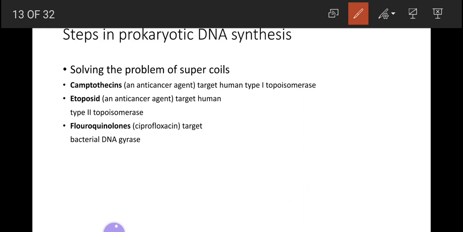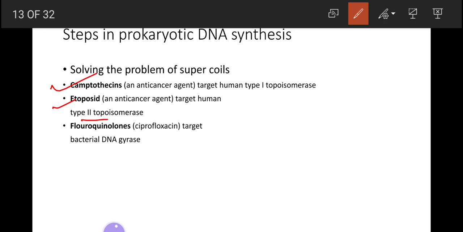There are two anti-cancer agents, camptothecins and etoposides. They target human type 1 topoisomerase and type 2 topoisomerase respectively. They are the anti-cancer agents.